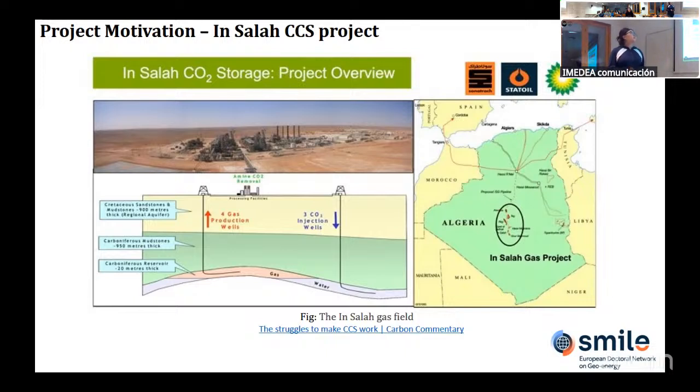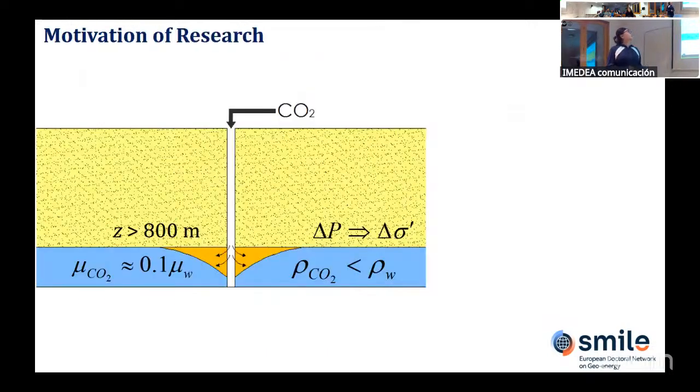Our research idea actually came from this project, because when we capture CO2 and inject it into the deep ground, the depth is always deeper than 800 meters. Although the density of the CO2 is higher there, it's still lighter than the surrounding fluid. So because of the buoyancy, the CO2 goes up.